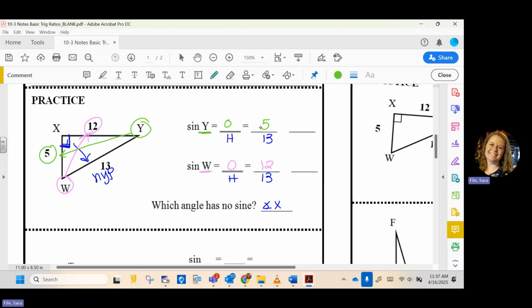So it would be 5 over 13. And I'm not going to bother writing those as decimals because I would have to round. So I'm just going to leave those just like that. So sine of Y is 5/13. Sine of W is 12/13. We will not have sine of X because X is the 90-degree angle.